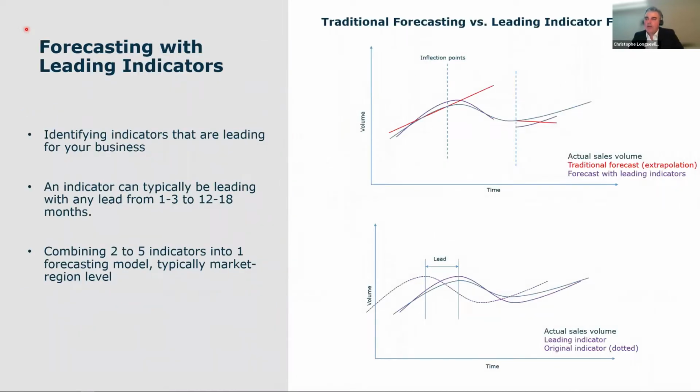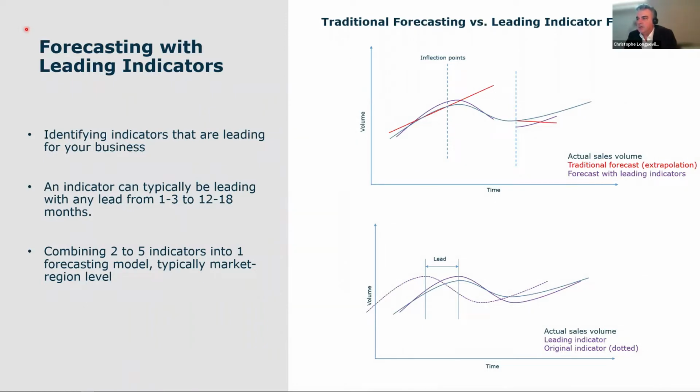Here we have shortly summarized the benefits of this leading indicator forecasting service that we have developed. You see typically on the top of the slide here on the right hand side, what traditional forecasting solutions do is they have only internal data at their disposal. That is in contrast with what we do with these external indicators that we will identify for your business.